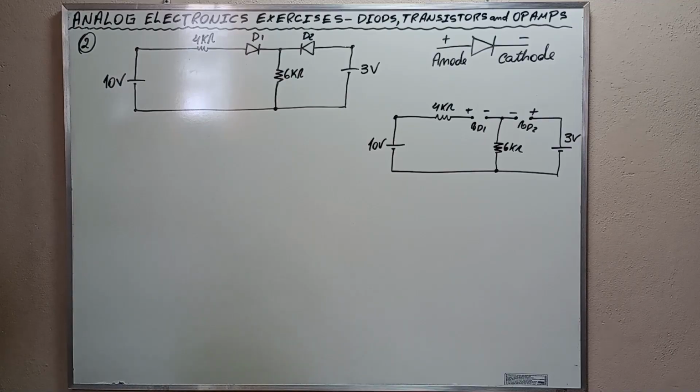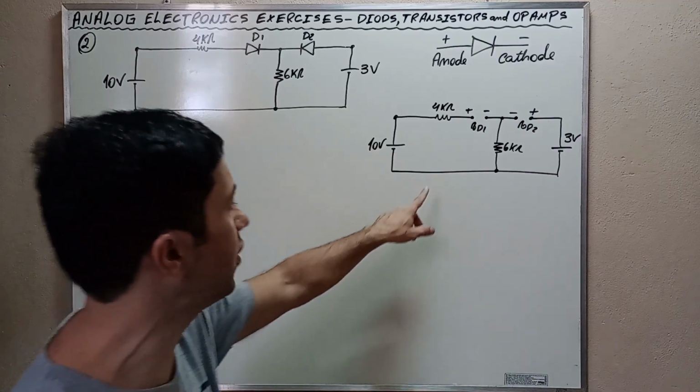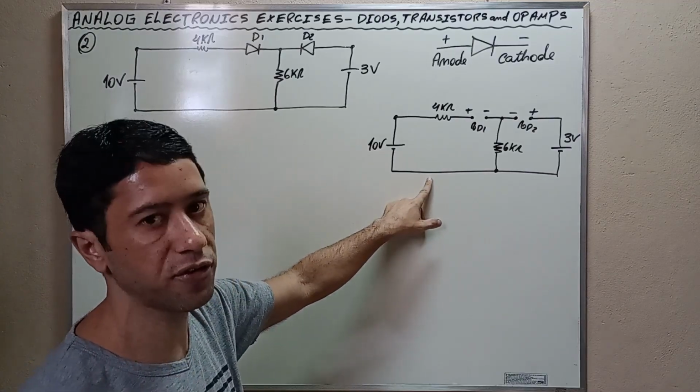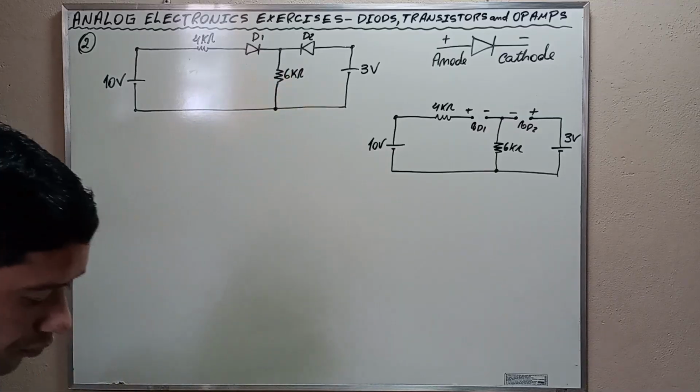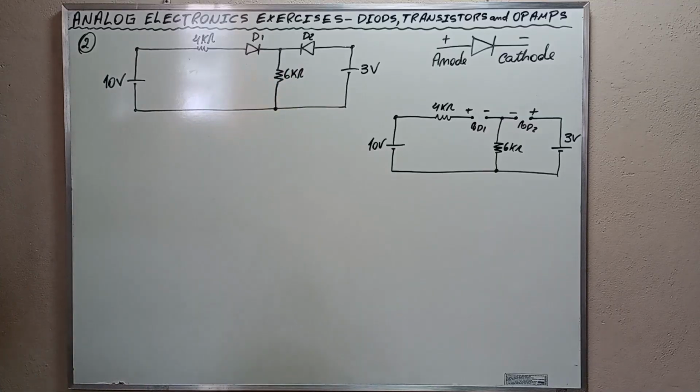If we assume that both D1 and D2 are off, that is not conducting, then the equivalent circuit is this. This is the equivalent circuit when both D1 and D2 are off. Notice that as both diodes are off, no current flows in any part of the circuit and the voltage across the resistors is zero.